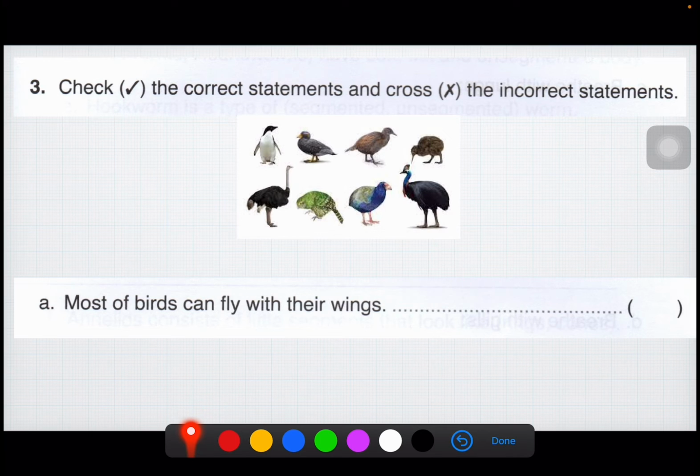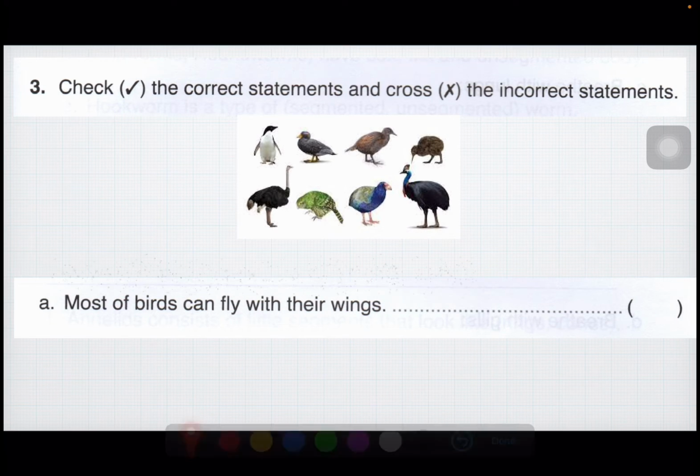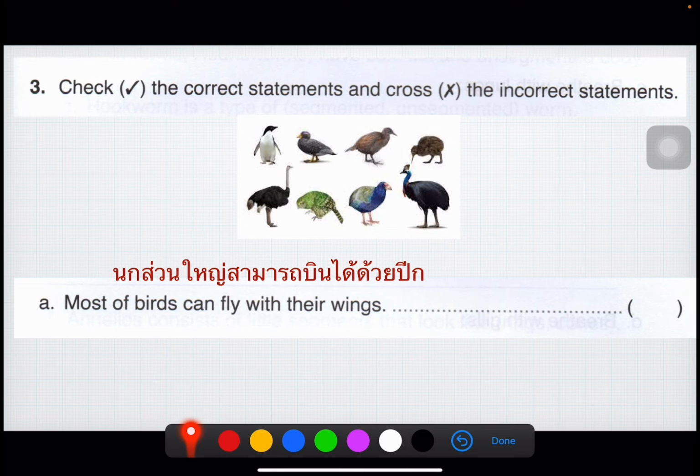Letter A. This is the statement: most birds can fly with their wings. Is it correct or incorrect? This is wrong. Not all birds can fly with their wings.